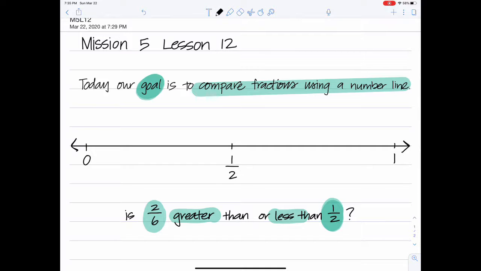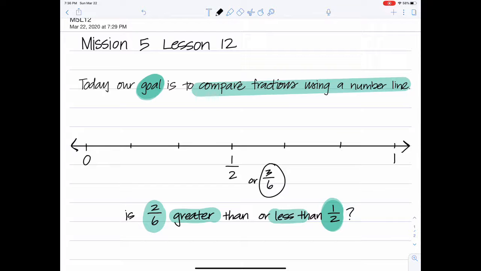Then what I need to do is think about how to find an equivalent fraction for 1/2 with 6. And I know that 3/6 is equal to 1/2. That tells me immediately that 3/6 is going to be my benchmark to look at to decide whether 2/6 is greater or less than 1/2.